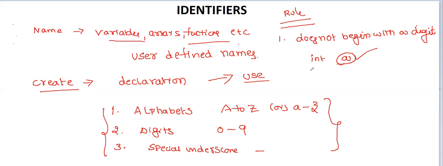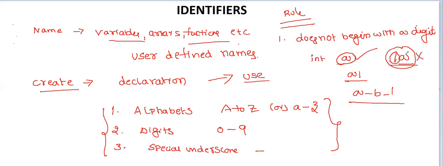Why? It contains the alphabet a. For example, a1, this is a valid identifier. For example, a underscore b underscore 1, this is also a valid identifier. Why? Because the special symbol underscore is allowed. Remember, for example, 1a, this is invalid. Why? Here the identifier begins with the digit, so does not begin with a digit.